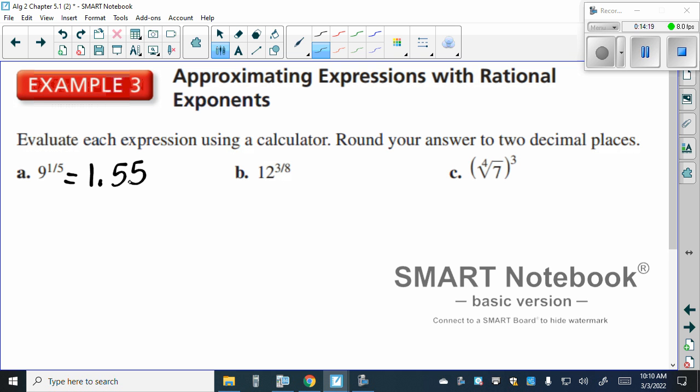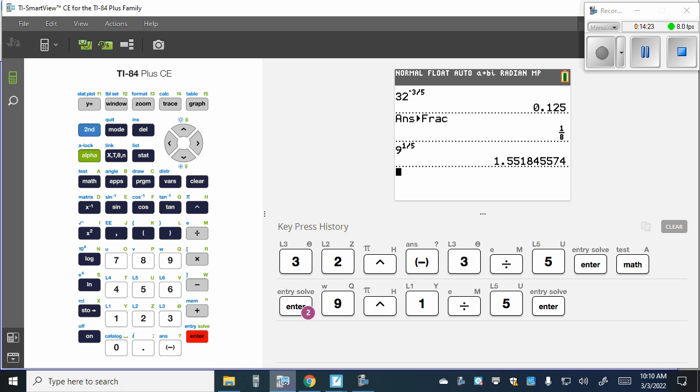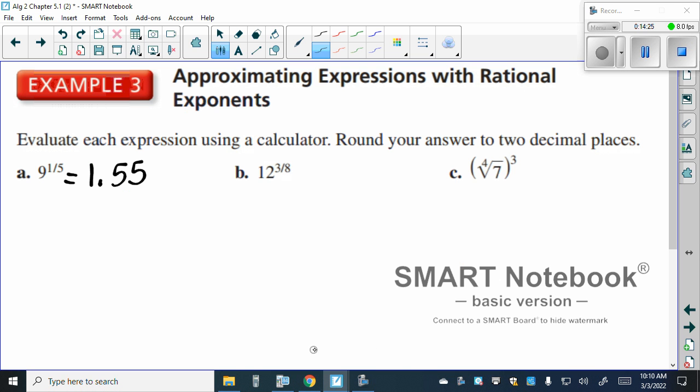The next one that we have is 12 to the 3/8. And the number after 3, I think, is a 6 or greater. Yep, so we would round up. And really, on all of these, if we're being particular about it, we would put a 0 after it.